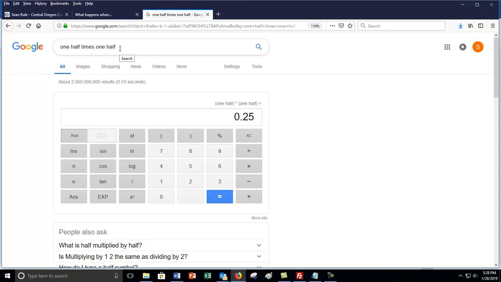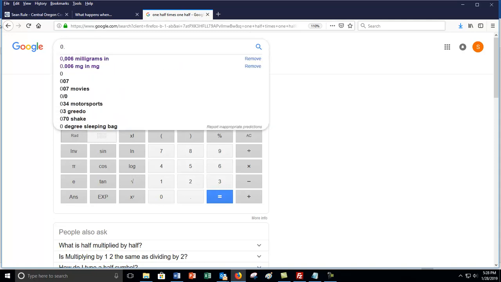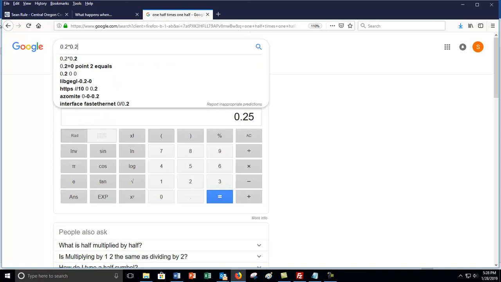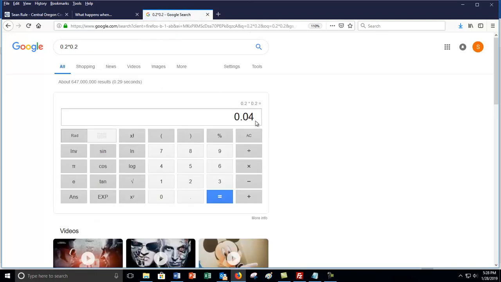So in order to take the square root of something and get that something to be a decimal between 0 and 1, the number that you start with actually has to be larger, because you're going to multiply it by itself and it's going to get smaller. So to end up with something like 0.3, you can't have something like 0.2, because 0.2 times 0.2 is going to end up being smaller than what you started with. So you have to end up with larger numbers.